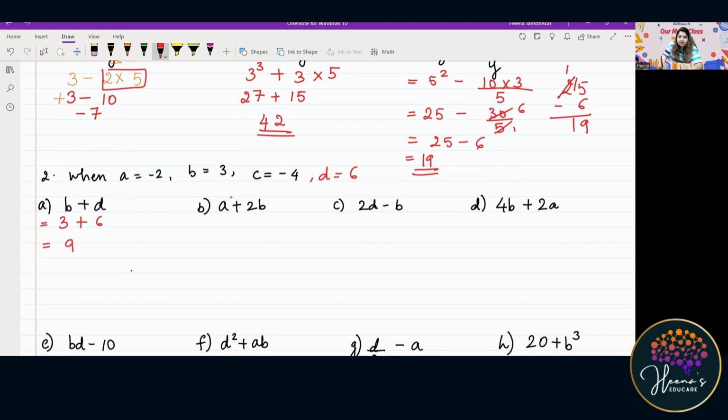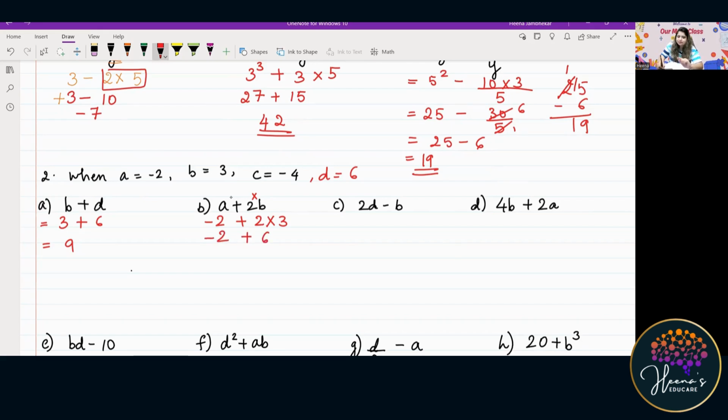A plus 2B. In place of A, I am going to write minus 2 plus 2 multiplied by B, which is 3. Right? There's no sign, meaning there's a multiplication sign here. Again, BODMAS. D or M, whichever comes first. In this place, we have multiplication. So I'll first go for that. I will do minus 2 plus 2 into 3.